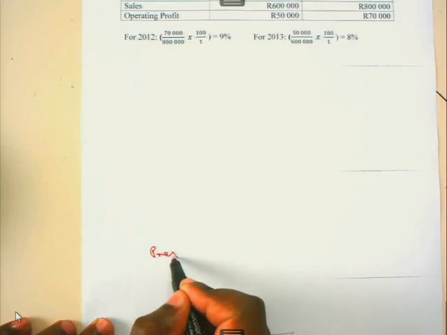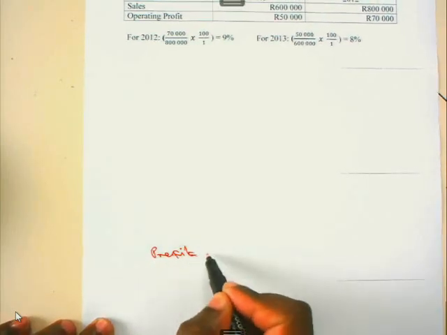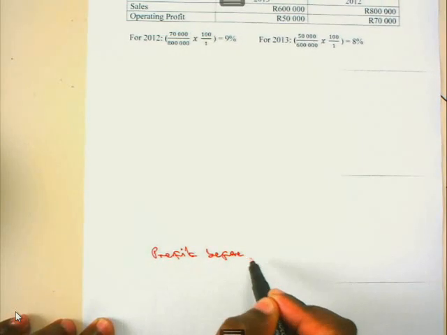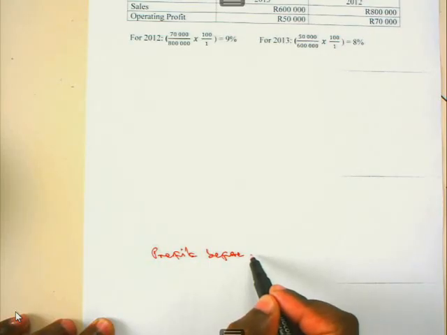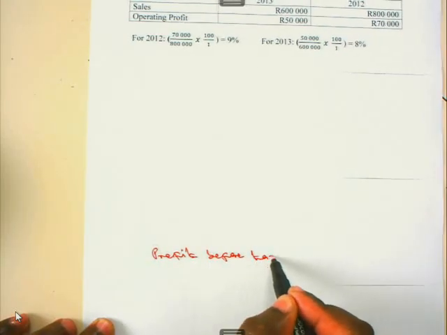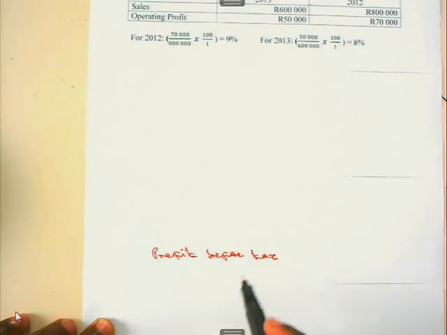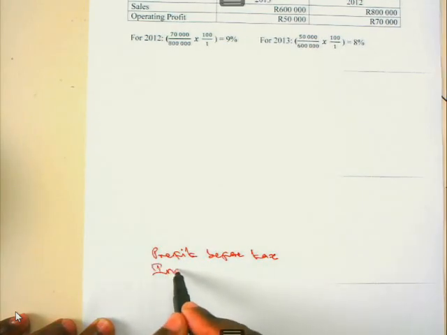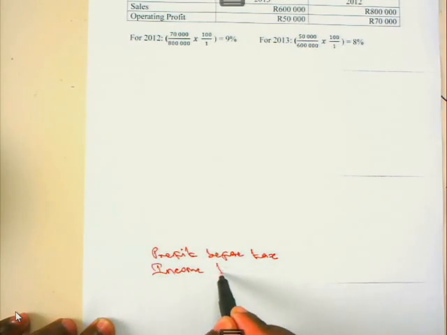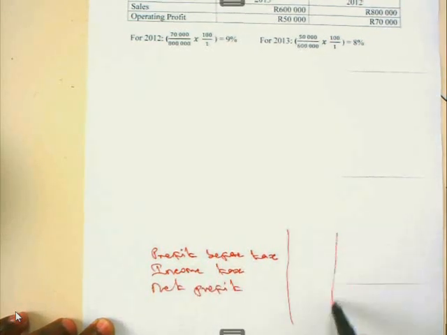You are doing a backward calculation. It's a profit before tax. Then you know you'll have income tax when you go down. Then net profit for the year.